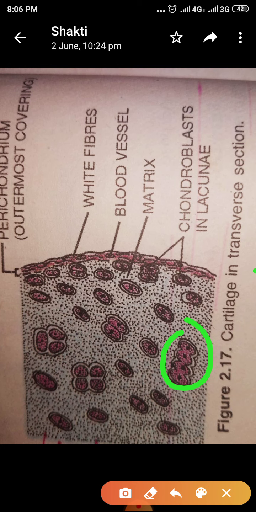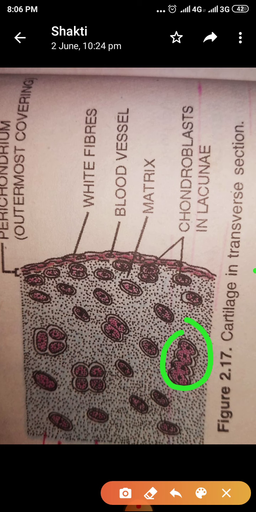Cartilage occurs in our nasal septum, between the nose and external ear, larynx, epiglottis and windpipe. These are the locations where we find cartilage.